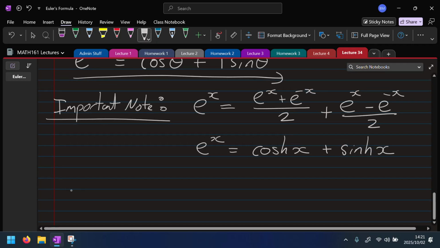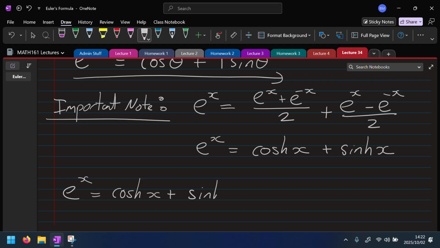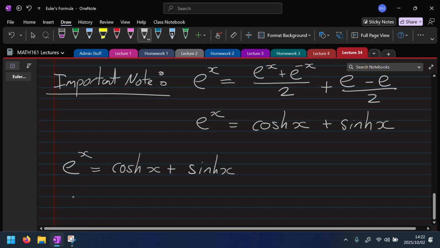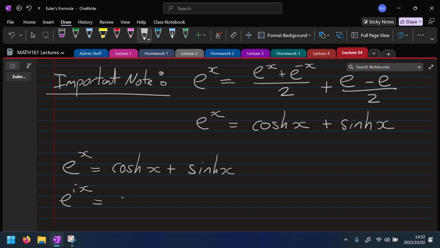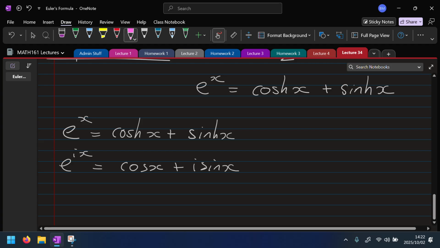Okay, so we'll write it out here. So e to the x is cosh x plus sinh x. And then e to the ix, so instead of theta, I'm just putting x so we can see the relationship there, is cos x plus i sine x. Please put a box around that.